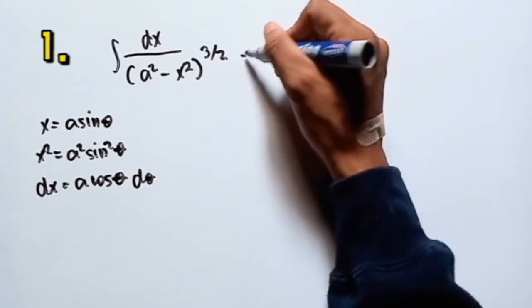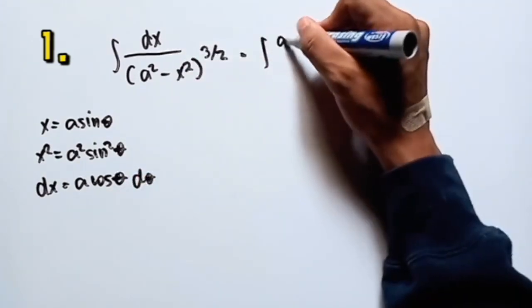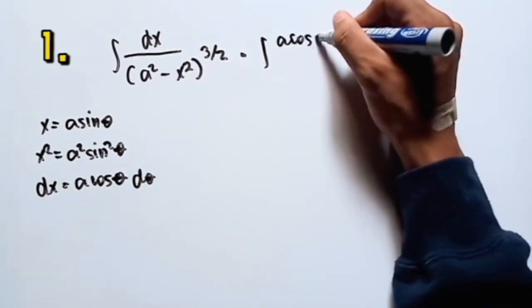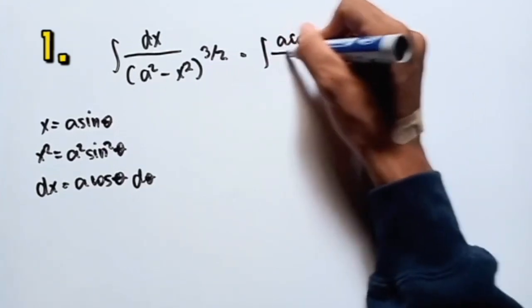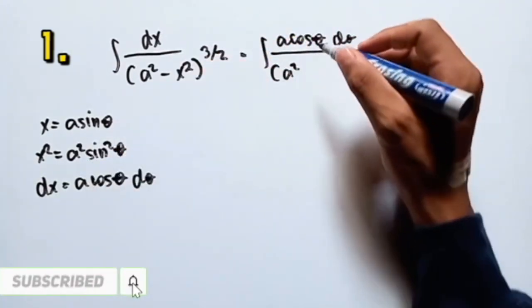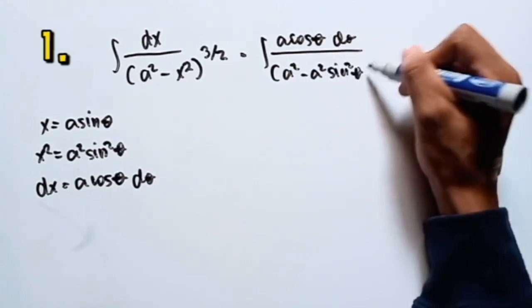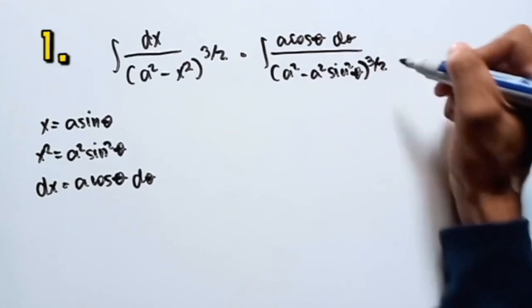So this is now equal to the integral of dx, which is here, over a squared minus x squared, which is a squared sine squared theta, raised to 3 halves.